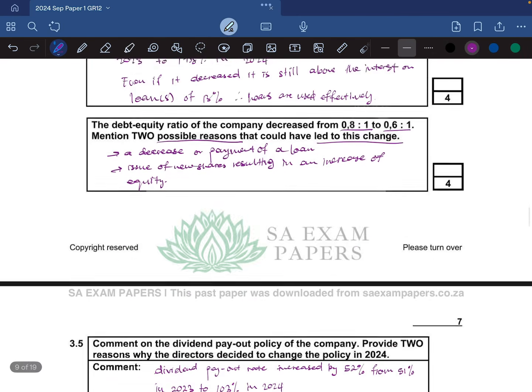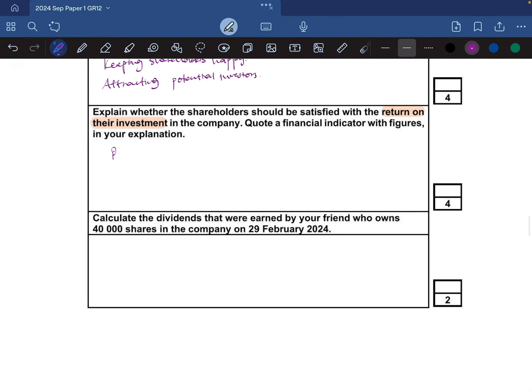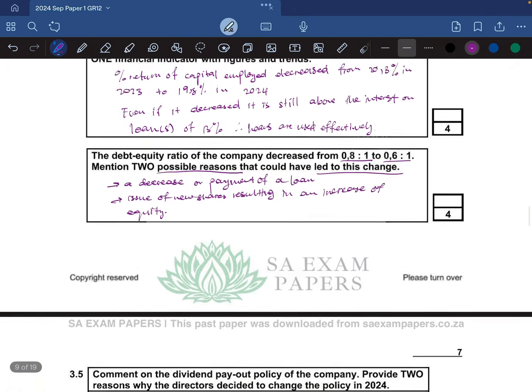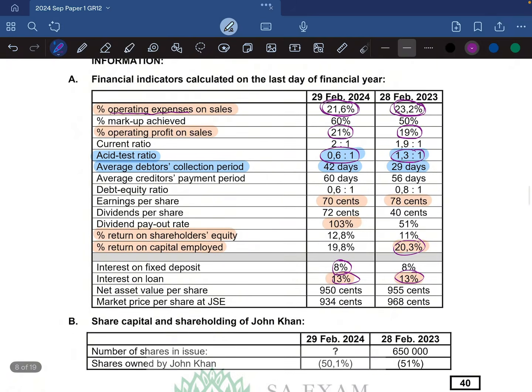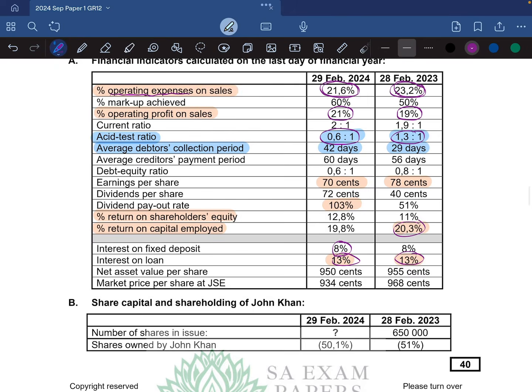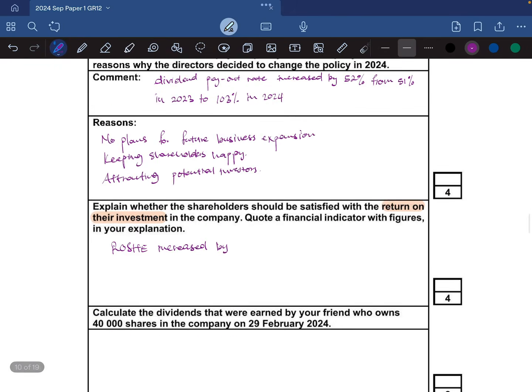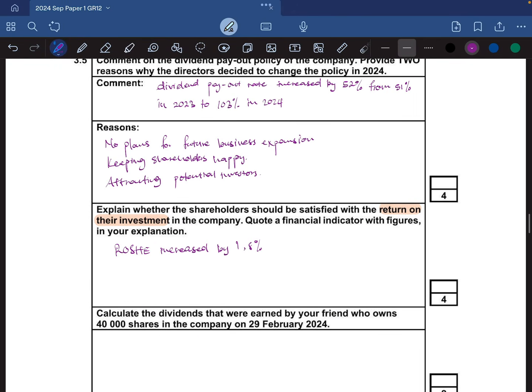So our percentage return, let's just say the ROCE increased by, let's look at the difference, 1.8%, increased by 1.8% from 11% to 12.8%, between 2023 and 2024.